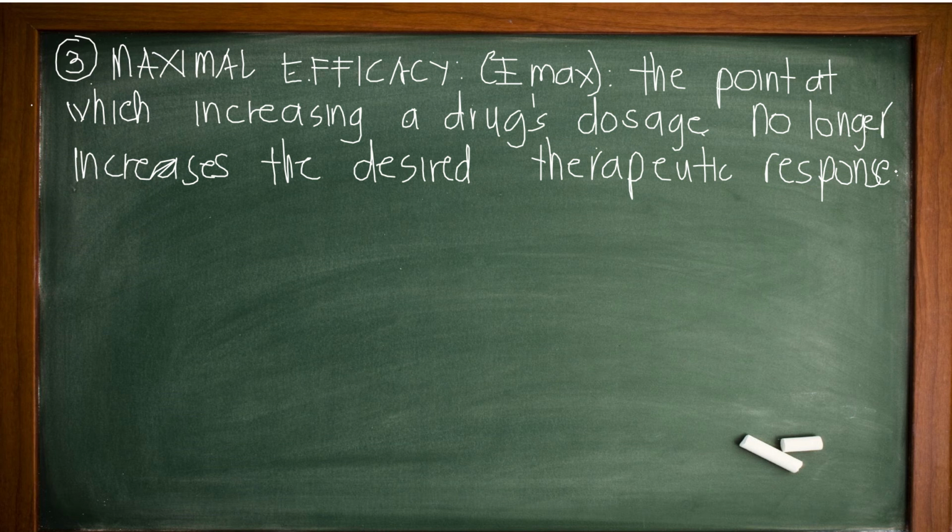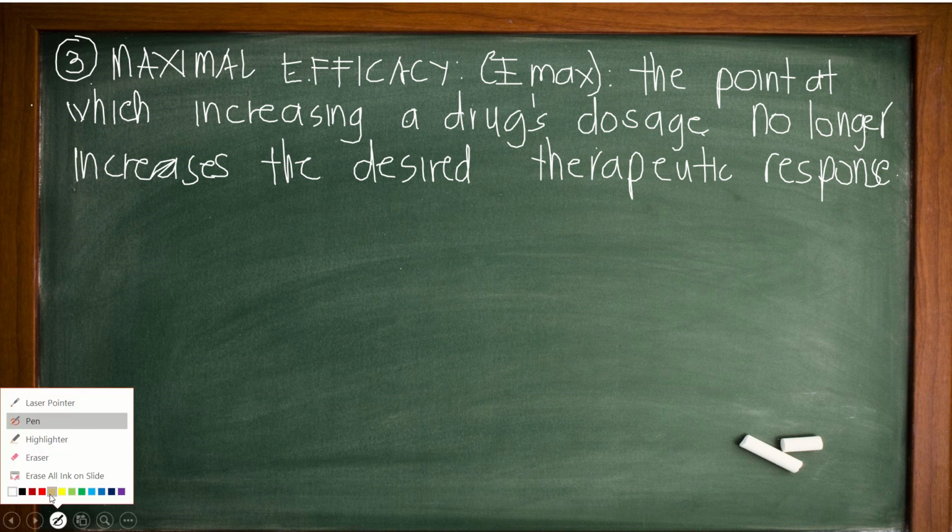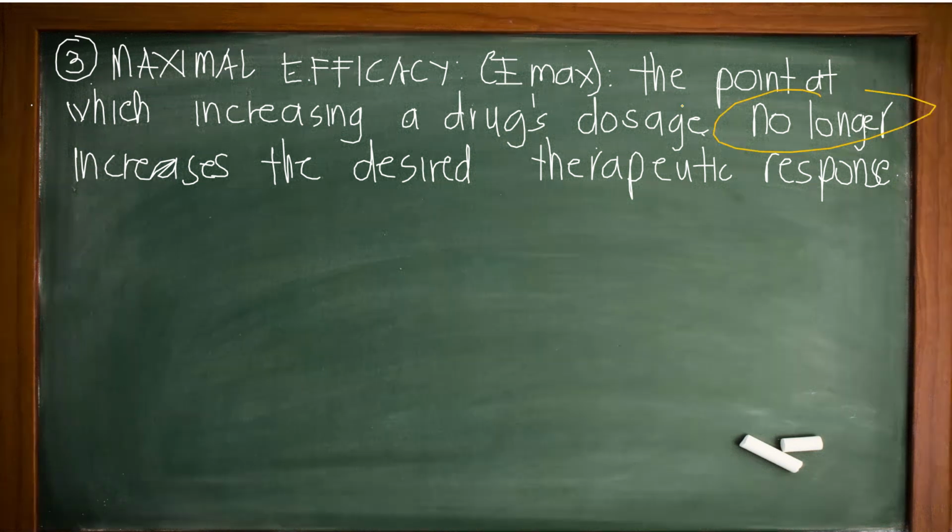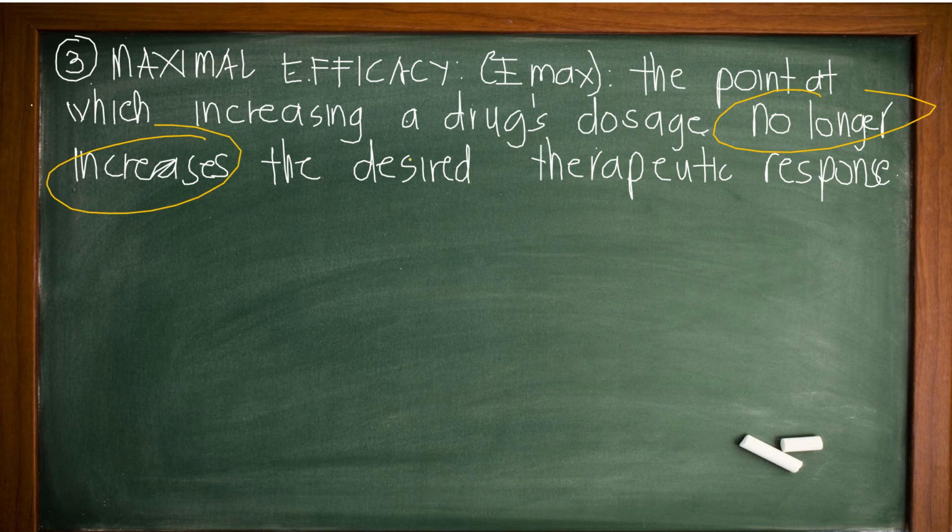Okay. So what is a maximal efficacy, or what we call your Emax? The point at which increasing a drug dose no longer increases the desired therapeutic response. What do you mean by that, class?